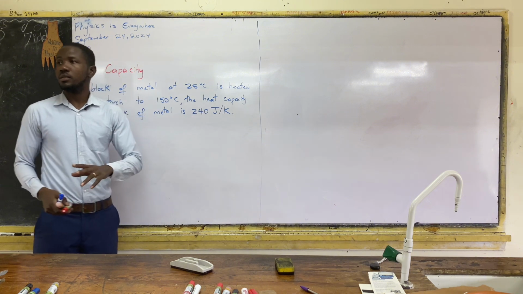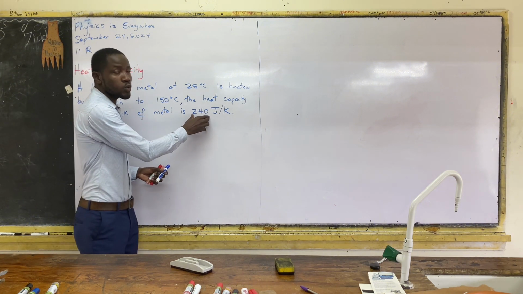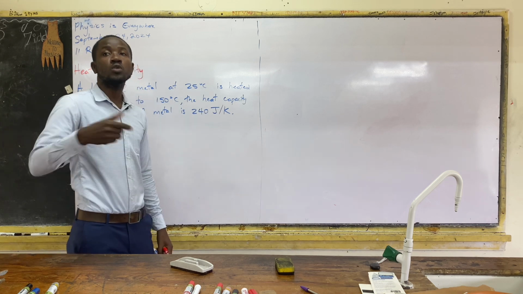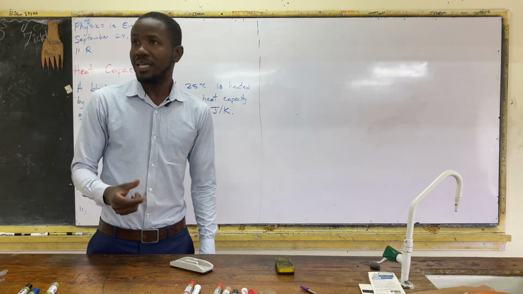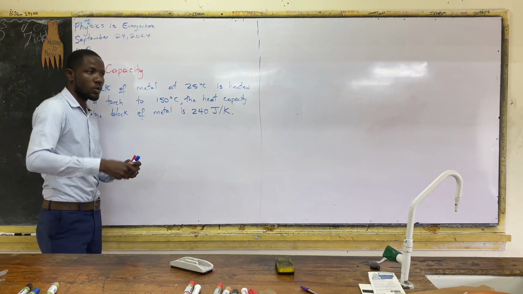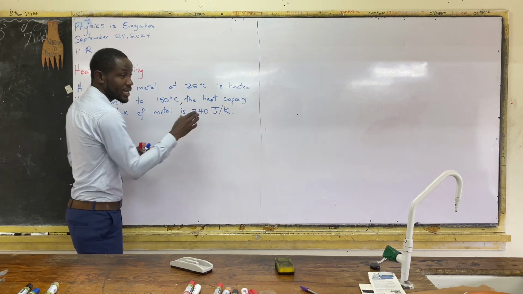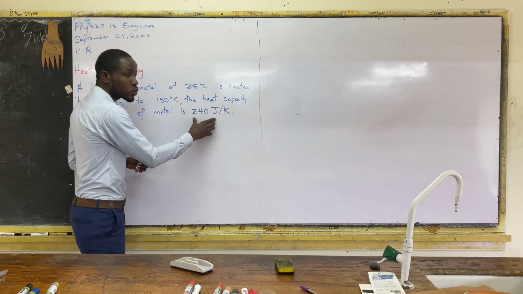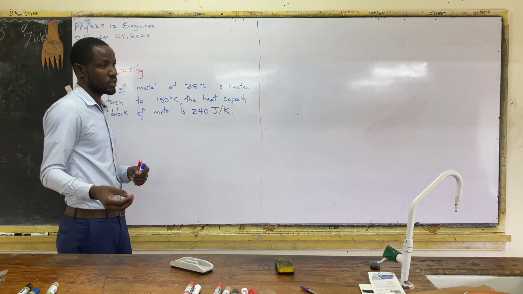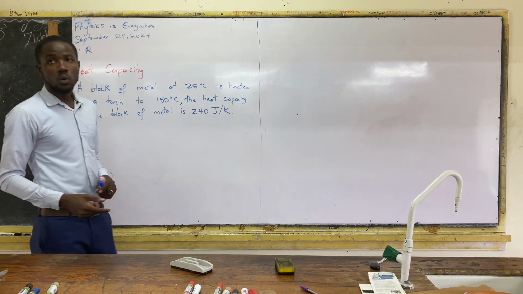What we're saying is that the metal in question requires 240 joules of thermal energy in order for us to see a change of 1 Kelvin. So every change in Kelvin requires 240 joules of energy to cause that change.